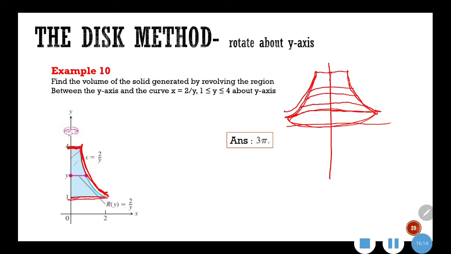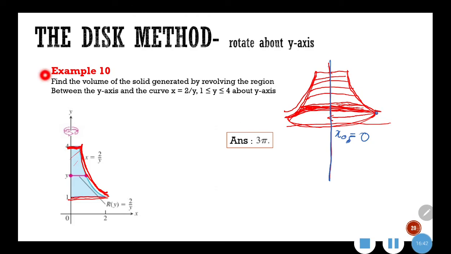We slice like that. So when you slice like this, if we take one slice, this one, you can see already where the radius of this slice is from here to here. Where this line is, I put as x0, x0 equals 0, or the y-axis.